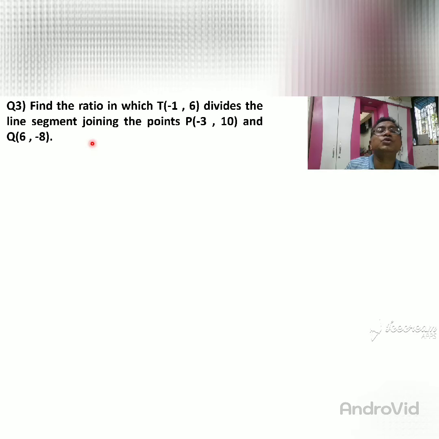Find the ratio in which T (-1, 6) divides the segment PQ, that is, T is the point that divides it. For understanding purposes I can draw a diagram, because with the help of a diagram you can easily understand what I want to say.